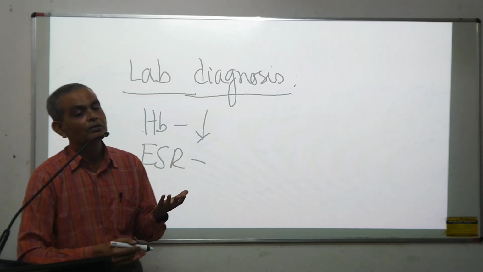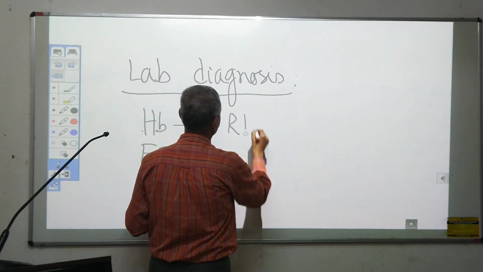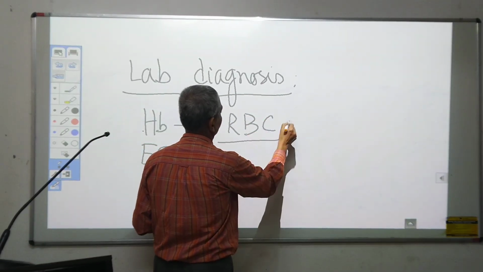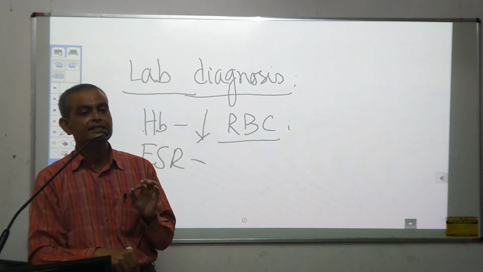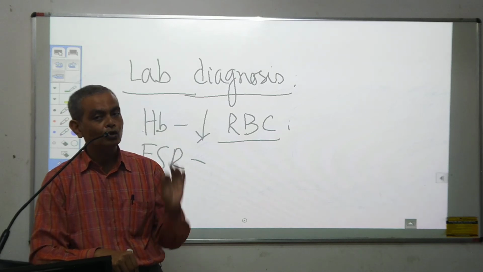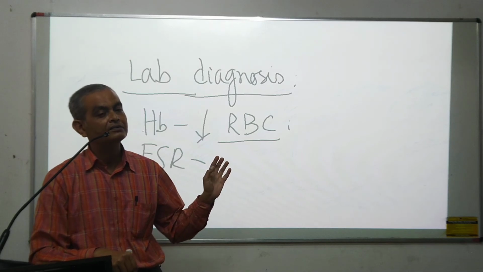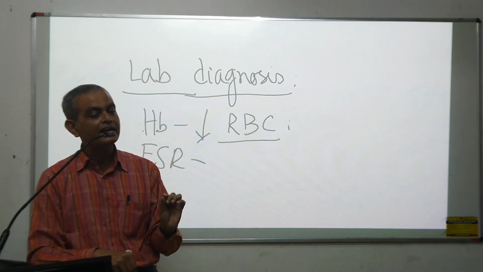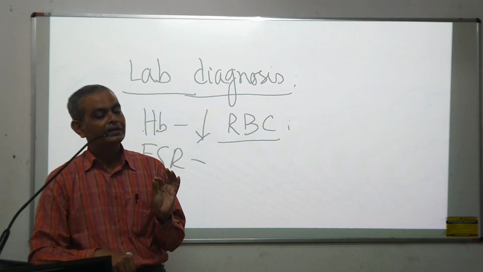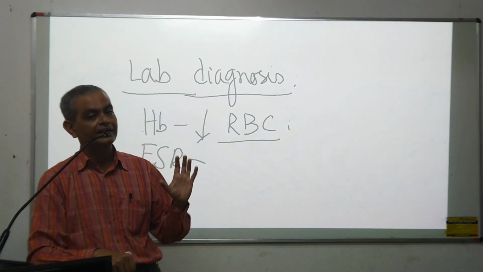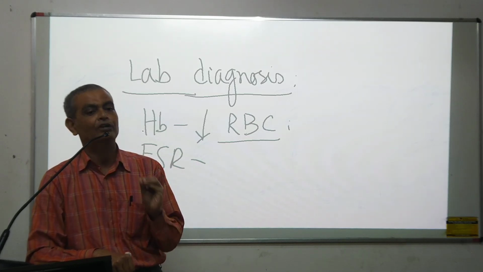Okay, now about the RBC series. The RBC morphology, in the majority of cases, is normocytic normochromic. But in thalassemia, as we discussed in the last class, it is microcytic hypochromic. And whenever there is severe hemorrhage, the RBC morphology can also be macrocytic.